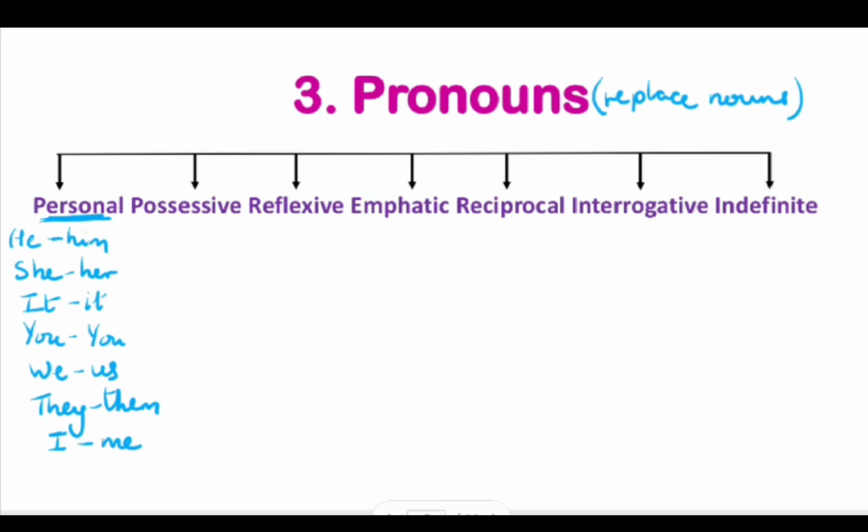Okay? Does this sound good? Easy to remember the personal pronouns? Personal pronouns are of two types, subject form and object form.